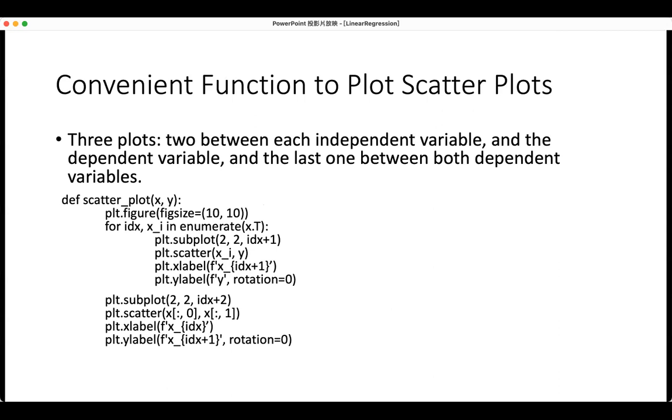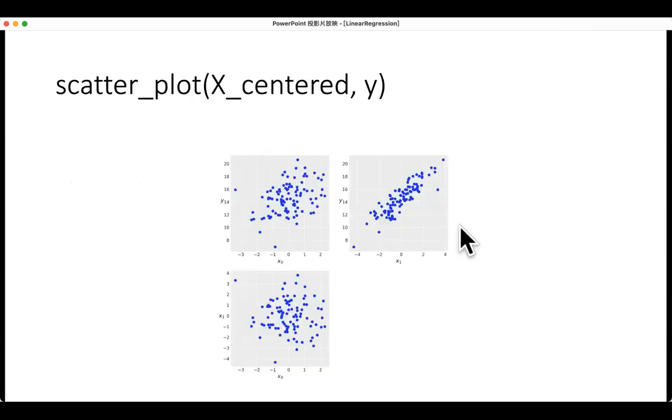We show the relationship between each independent variable and the dependent variable, and the last one between the two independent variables. So it looks like this.